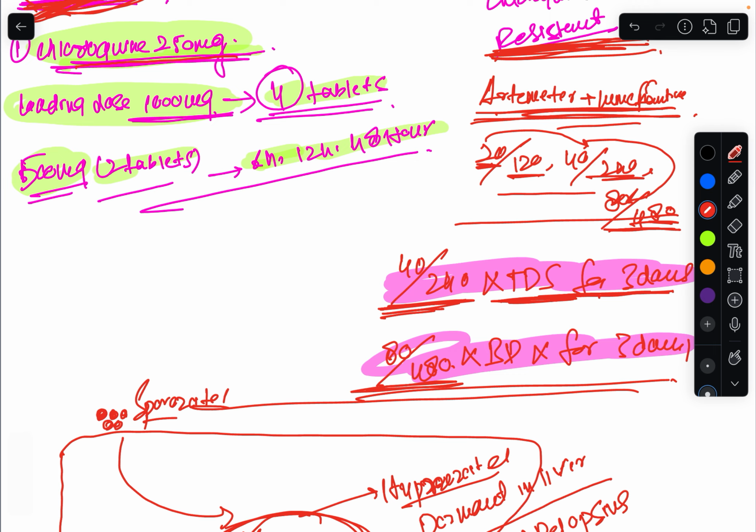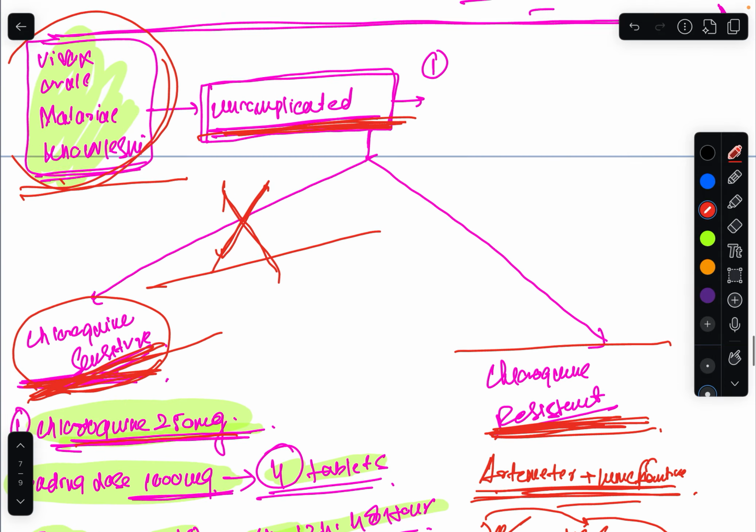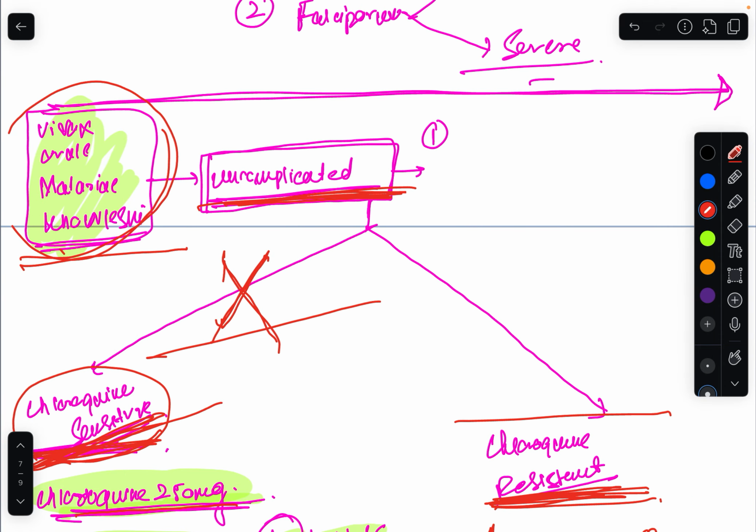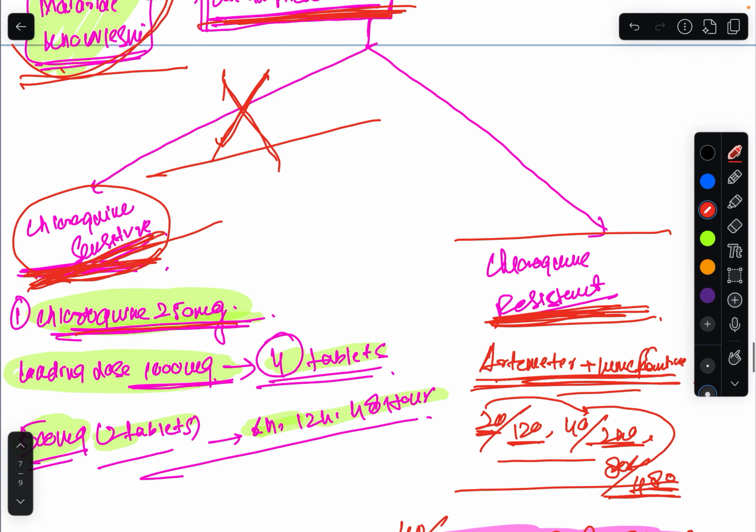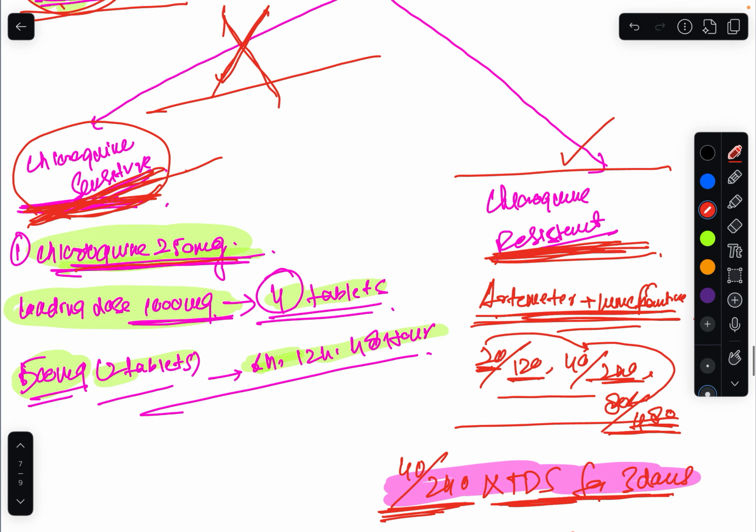First, I have told you that malaria is of two types depending on the severity, uncomplicated and complicated. So if the uncomplicated malaria is due to either one of these, vivax, ovale, malariae and knowlesi, then we can go with either of the two pathways depending upon the chloroquine sensitivity. If it is chloroquine sensitive, we can go with this pathway. If it is chloroquine resistant, then we can go with this pathway.